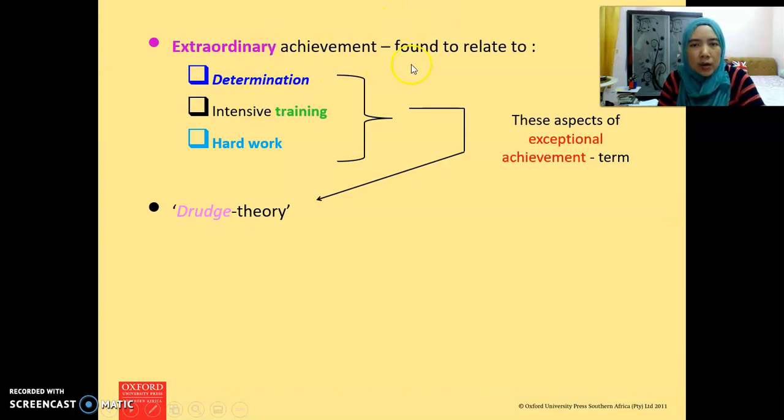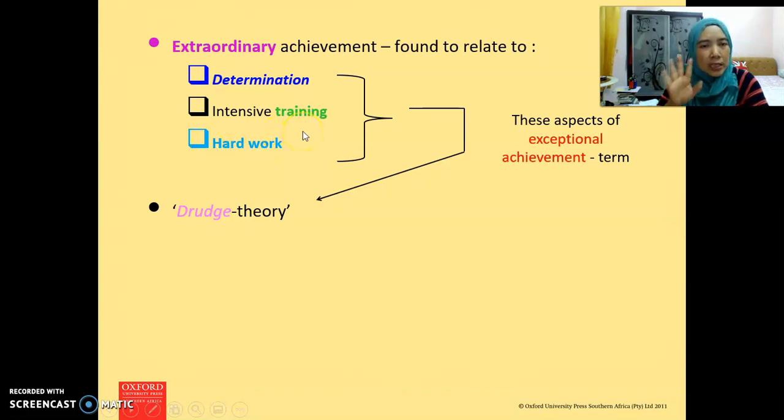According to this textbook, extraordinary achievement is found to relate to determination, intensive training, and hard work. It is not just based on intelligence. How to achieve extraordinary achievement depends on determination, on the intensive training we receive, and on hard work.